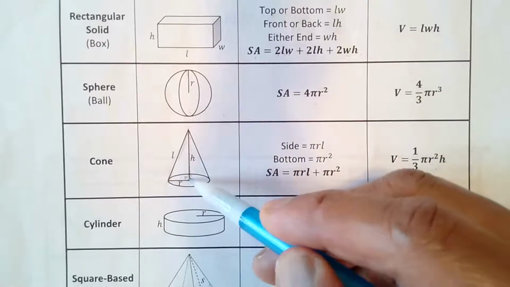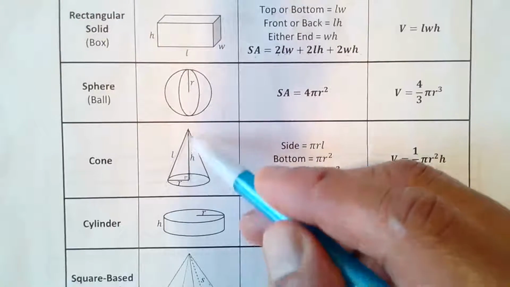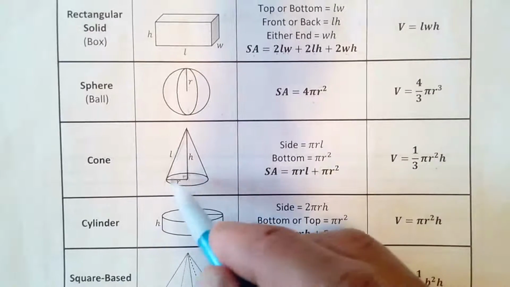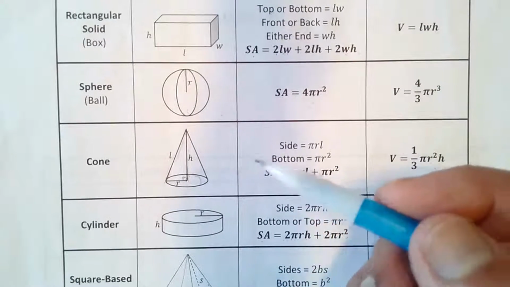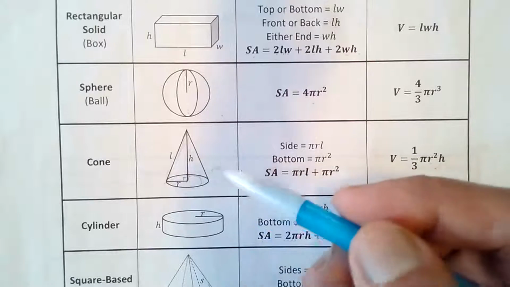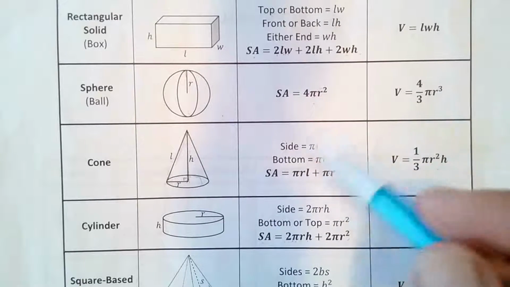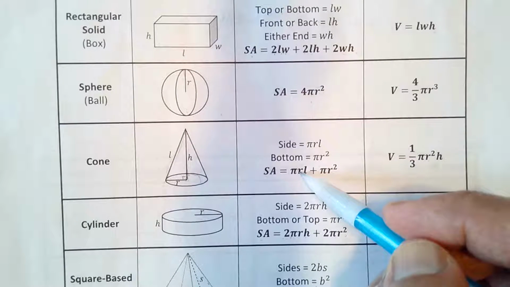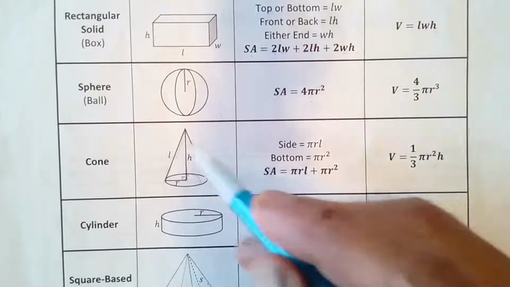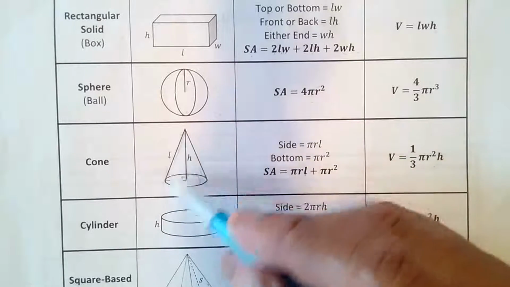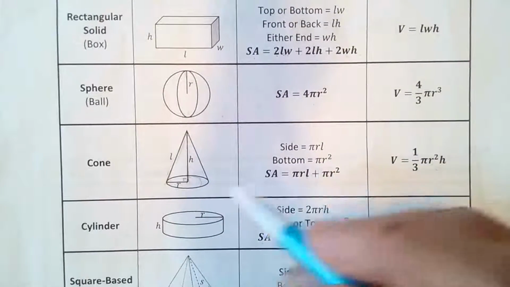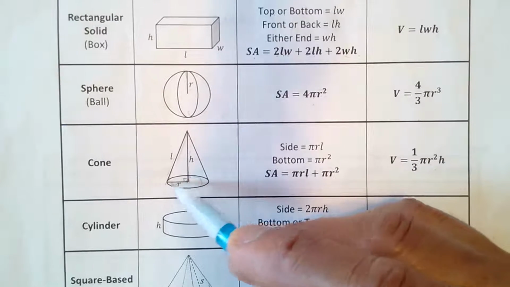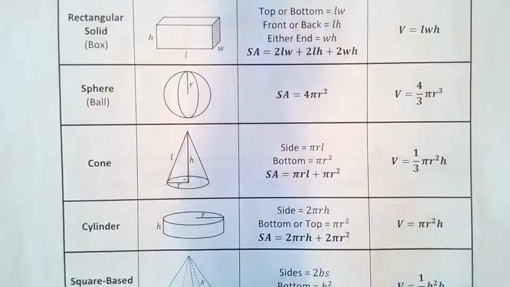The height is the perpendicular distance from the center of the cone to the top of the cone. Now the pi r squared is the bottom, which is a circle. If you look at any cone, it's circular. So the side is pi r, and r refers to the radius, times the slant height. So the slant here is called the slant height. And the radius is this, from the center of the bottom of the cone to the circumference of the circle.